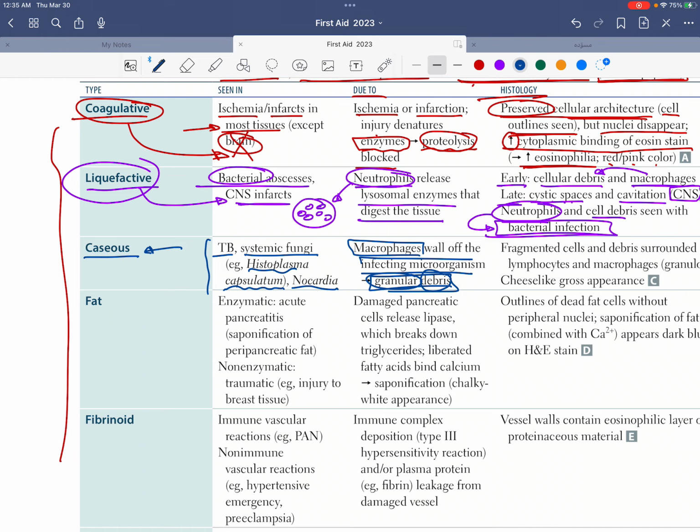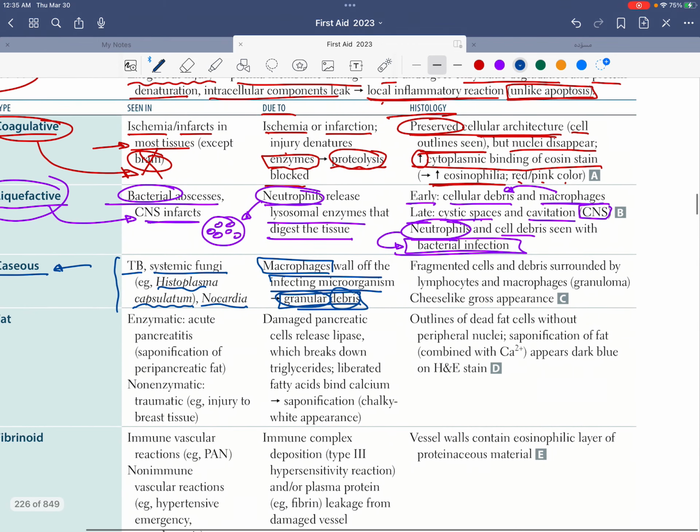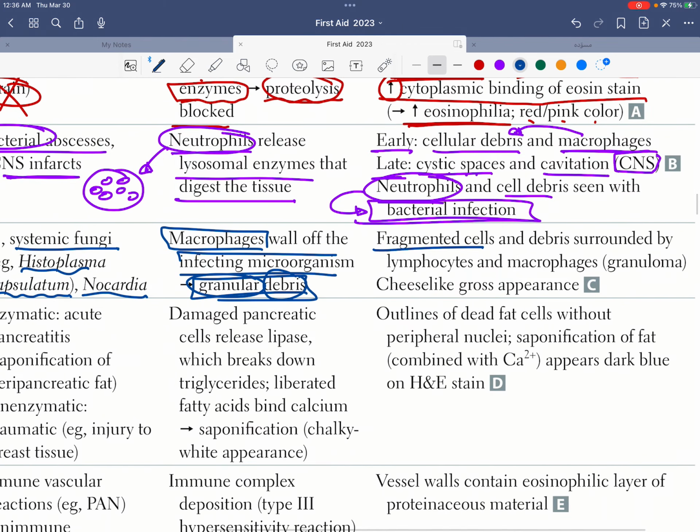That's for caseous. The histology is fragmented cells and debris surrounded by lymphocytes and macrophages. That's why it's called a granuloma. So that's the explanation for granuloma. It's fragmented cells and debris, which is expected in necrosis, but it is surrounded by lymphocytes and macrophages. And it looks like cheese.